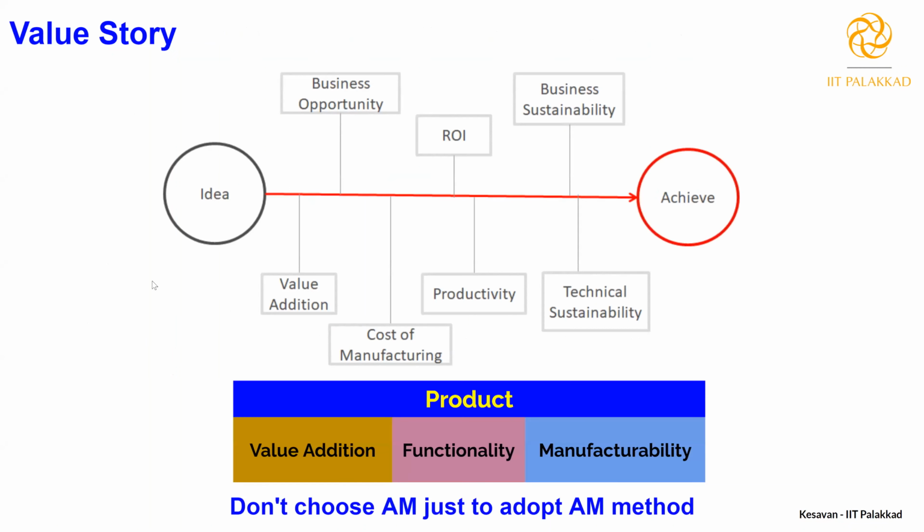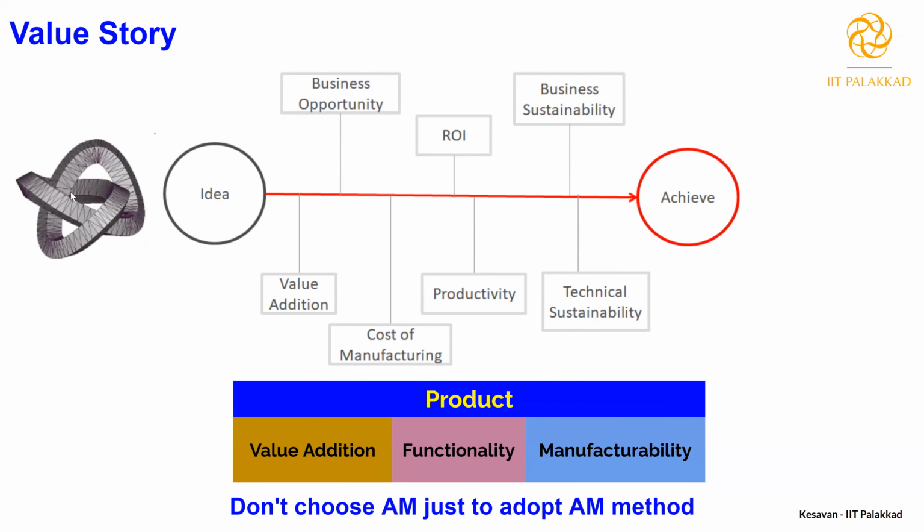Now, as I mentioned, you cannot directly switch from conventional manufacturing to unconventional. It has to meet some requirement. The new process, the additive manufacturing process, should add some value to your component. So you need to know what value is being added by adopting additive manufacturing.